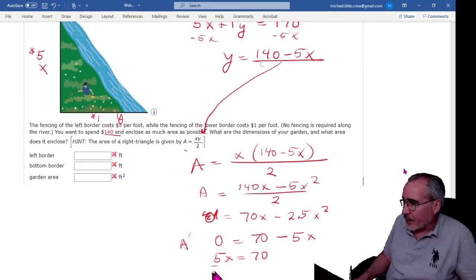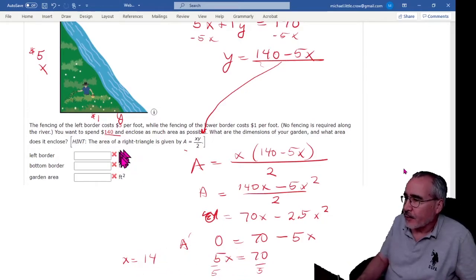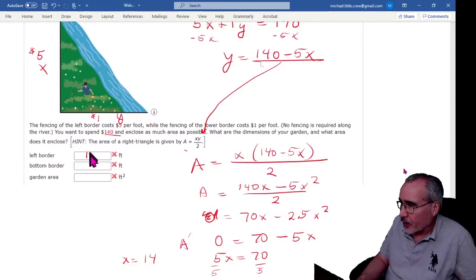Then we divide both sides by 5, giving us x, which we called our left border, is going to be 14. Yes, 14 times 5 is 70, so 14. That's our left border.